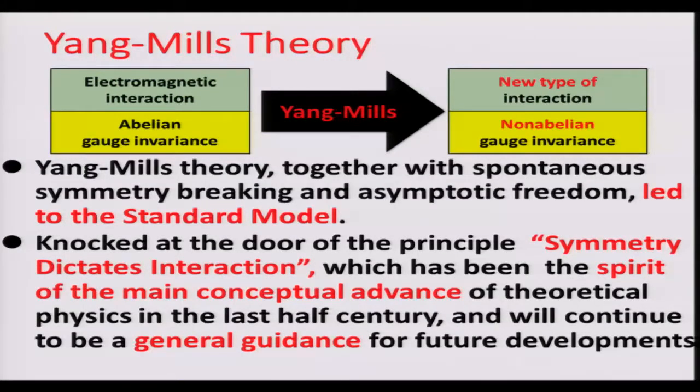So the Yang-Mills papers knocked at the door of the principle called symmetry dictates interaction, which has been the spirit of the main conceptual advance of theoretical physics in the last half century, and, as you would agree, will continue to be a general guide for future developments.